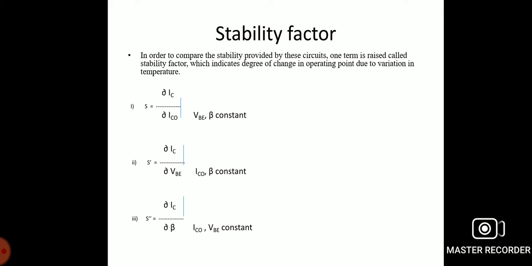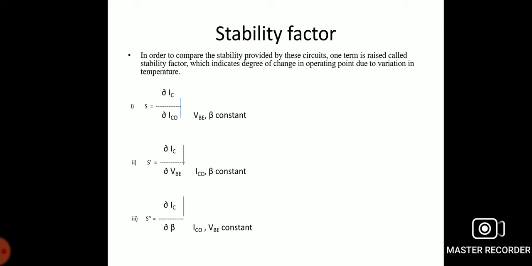The second one, S dash, is the second stability factor of the BJT configurations. It is the ratio between the base emitter voltage and the collector current, at a constant value of the collector leakage current and the current amplification factor.